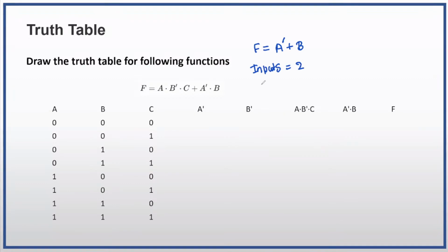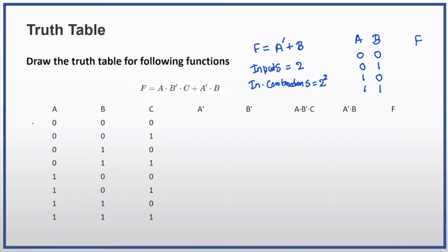Two inputs, so 2 into 2 input combinations. The inputs are A and B, and you have to get the output F. So you will have four combinations: 0 0, 0 1, 1 0, 1 1.